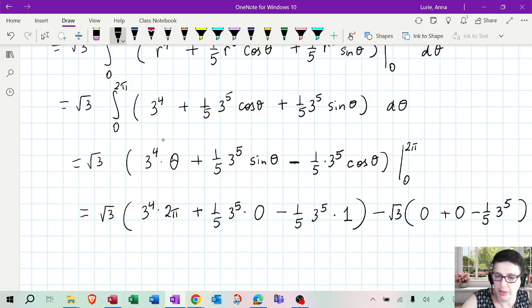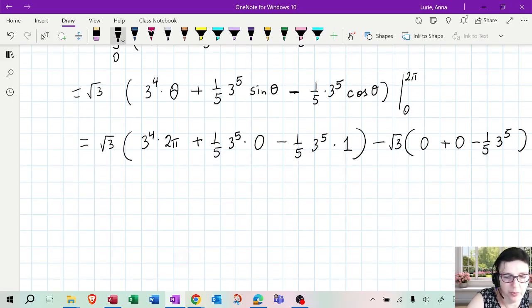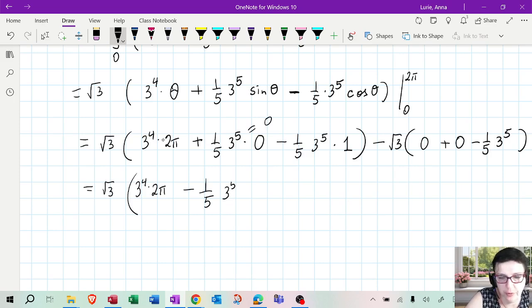Now notice what's going to happen with that. That's why I did not want to even simplify this thing, because a lot of stuff is going to cancel. So this is going to become 3 to the fourth times 2 pi. And I'll just pull out the square root of 3 out of this whole thing. Then this is going to obviously turn into 0. This is going to be negative 1/5 3 to the 5. And again, I pulled out the square root of 3. These two terms are negative, and then there is a 0, so they go away.